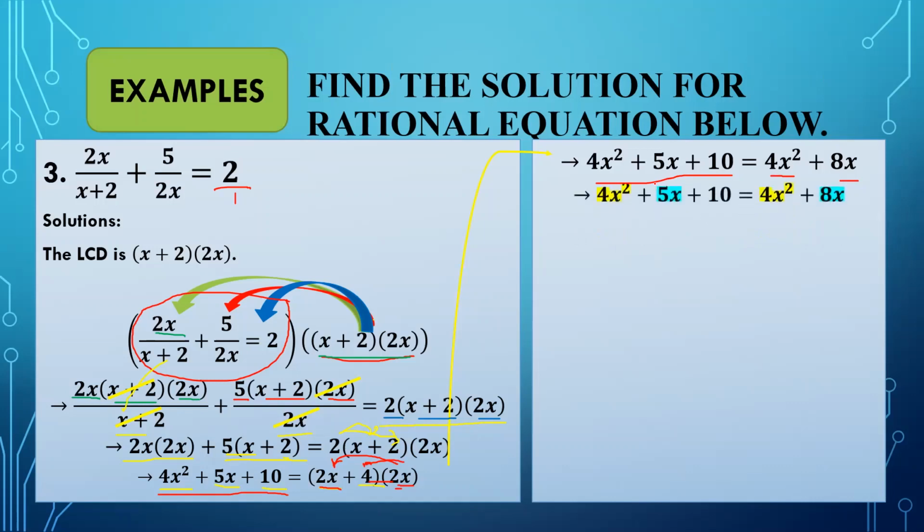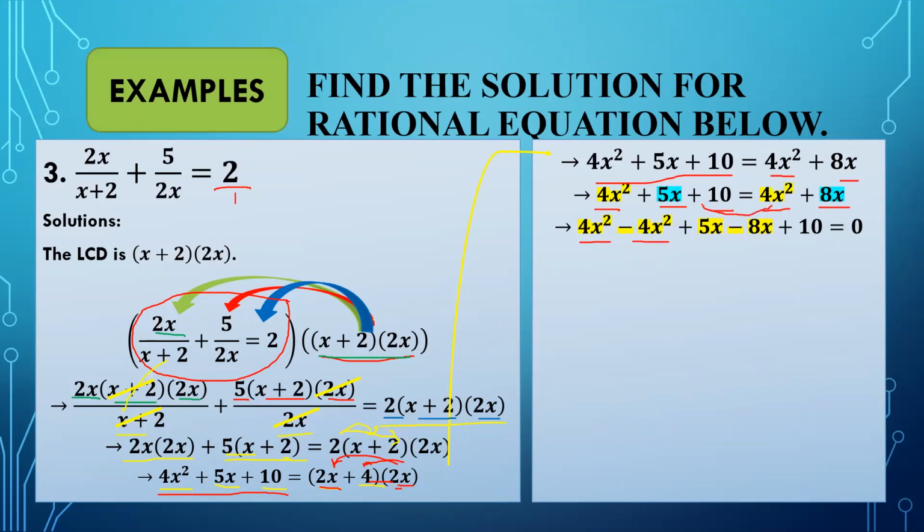Next, we highlight similar terms. 4x squared and 4x squared are similar terms. 5x and 8x are similar terms, and we have the constant, 10. So we have 4x squared minus 4x squared. Why negative 4x squared?